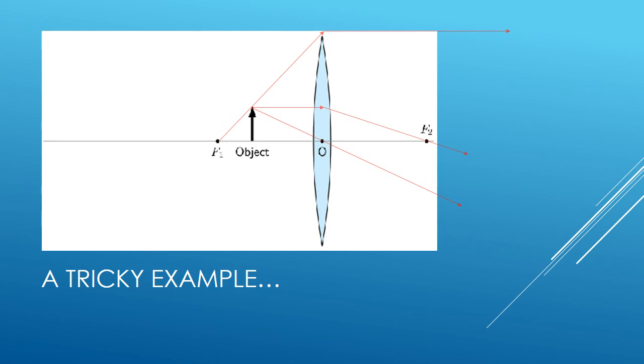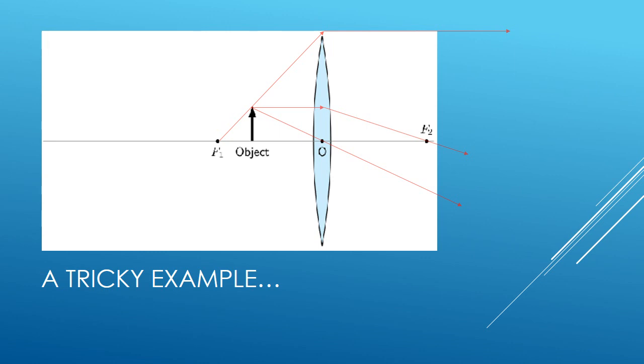It's much farther away than the other two rays. And furthermore, you'll notice that the two rays, the one going straight and then through the focal point on the other side, and then the one going straight through the origin or the center of the lens, they're actually diverging. So they're getting farther apart as opposed to getting closer together.